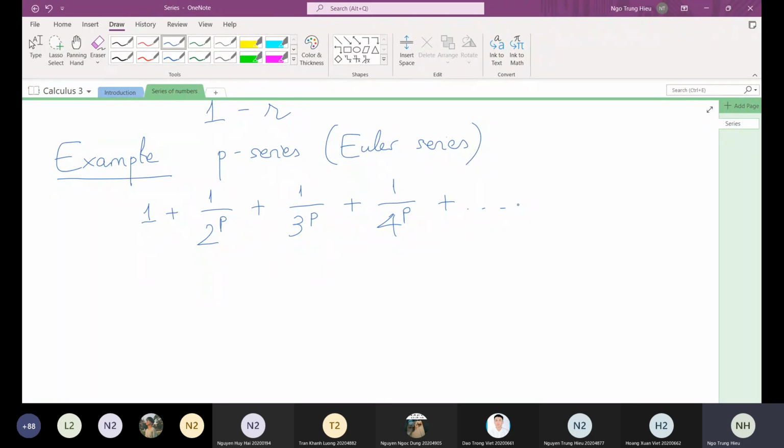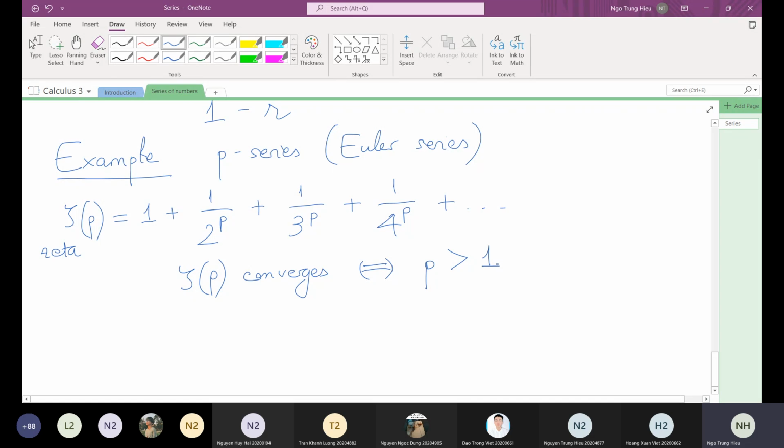So we call this series, say, S of P. People often denote it as zeta of P. So this series zeta of P converges if and only if P is greater than 1.